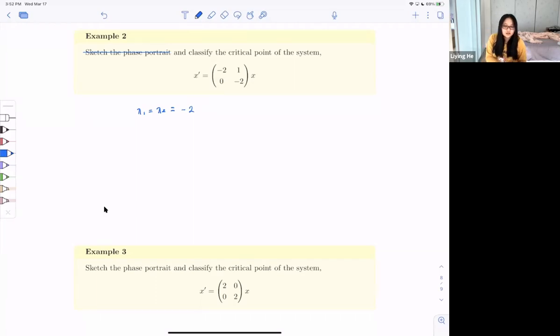One. Everyone agree with this? Because I didn't do this. I'm actually not sure. What does that mean? How many linearly independent eigenvectors can you find using this eigenvalue?